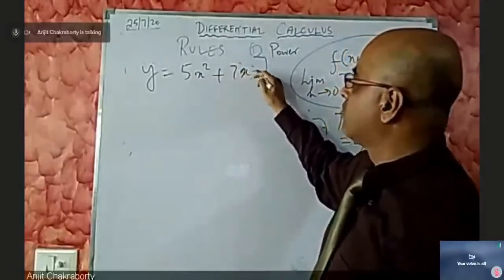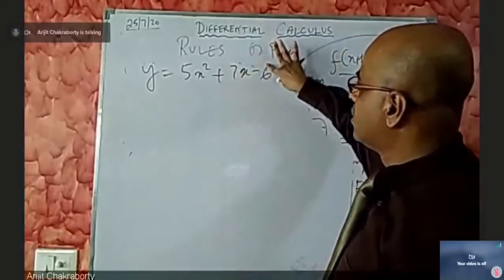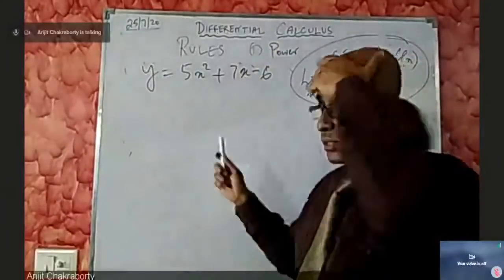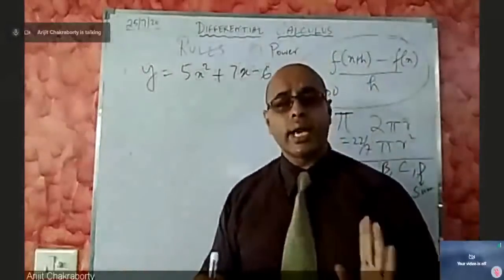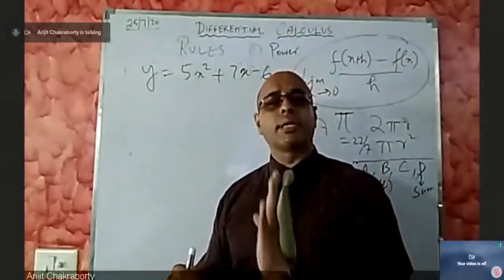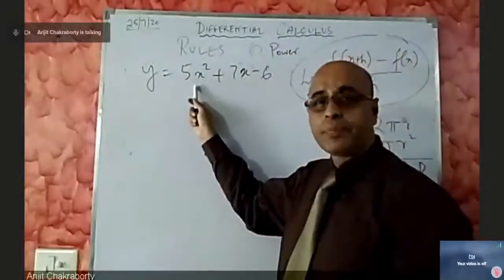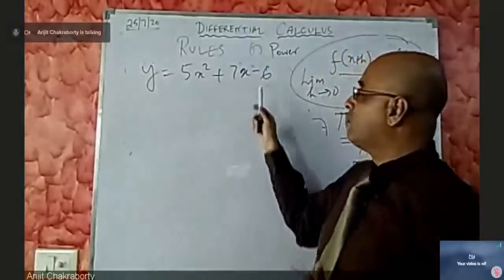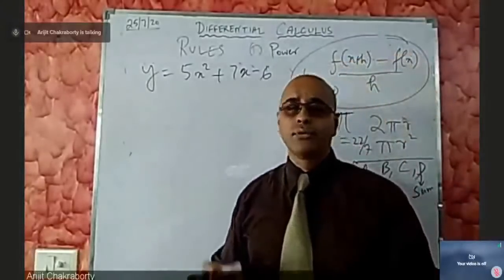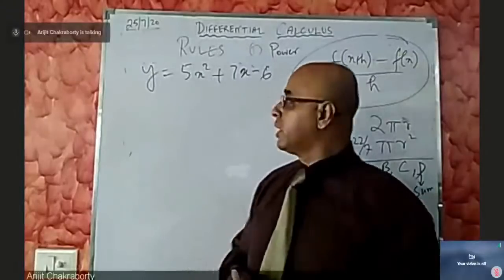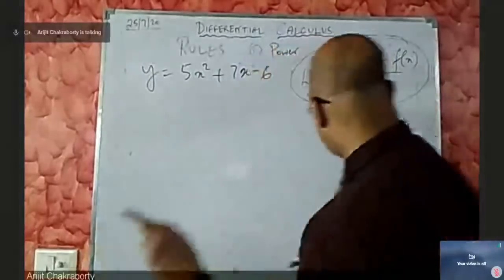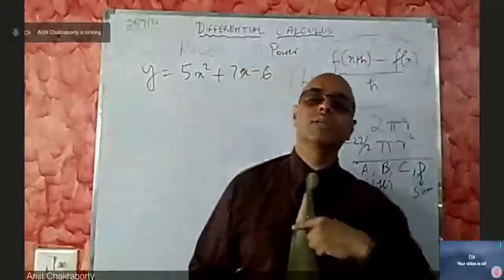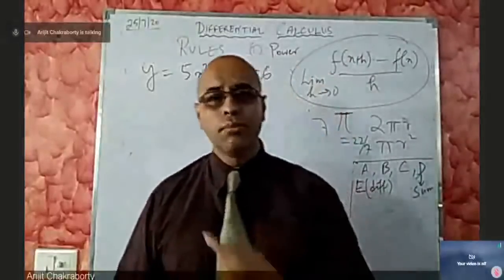You can see it has three separate parts: 5x squared, first part, 7x, second part, and minus 6, the third part. So we apply dy by dx and the formula which we have just learned, formula d on summation and formula e which is on subtraction. So what does the formula give us?